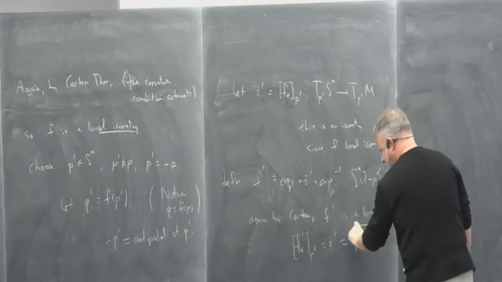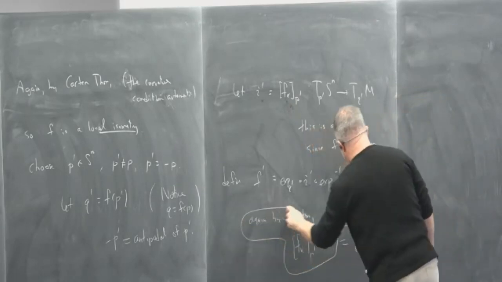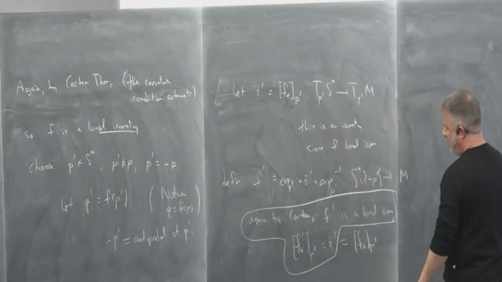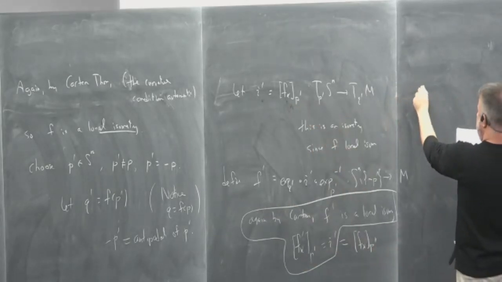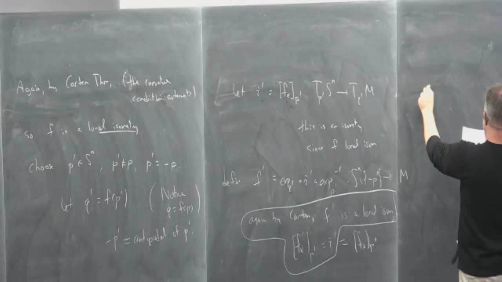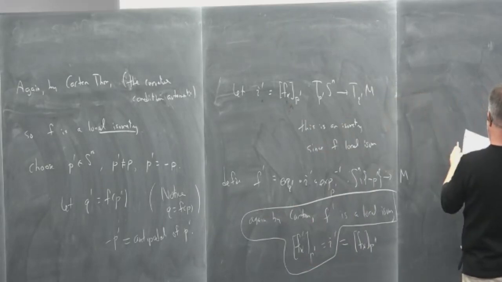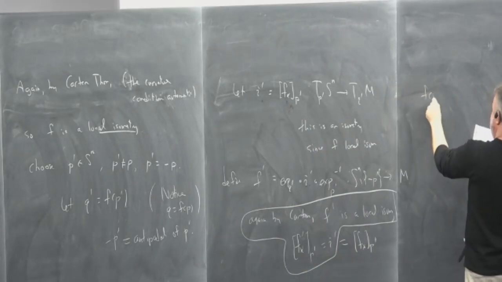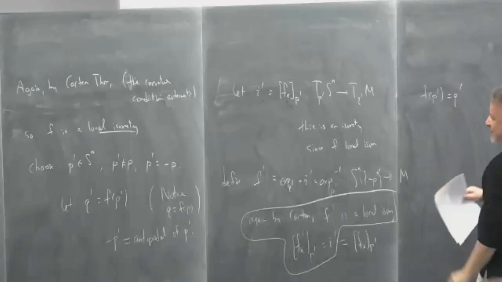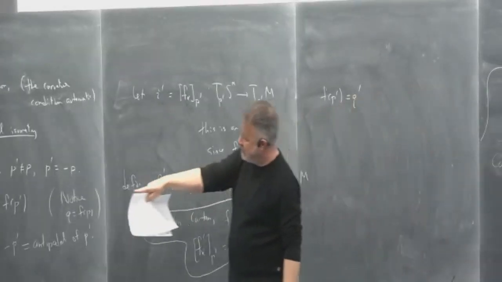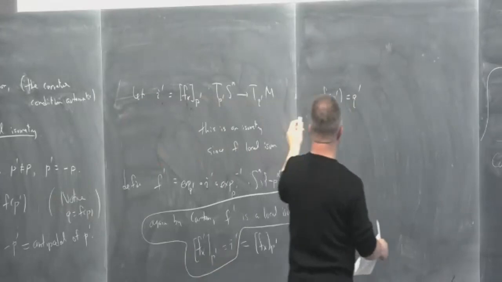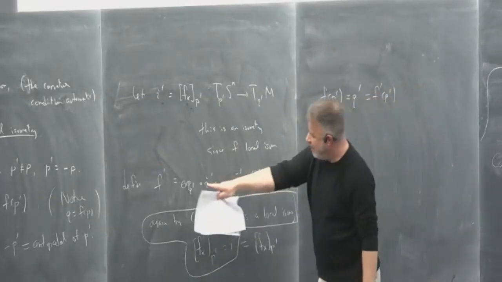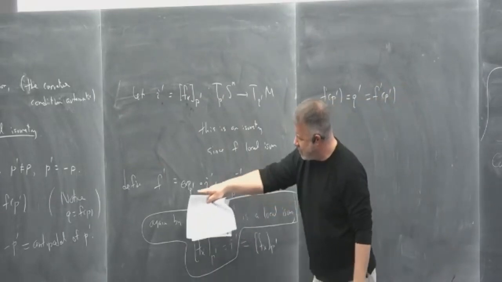We also have F of P prime is Q prime by the definition of Q prime, but it's also equal to F prime of P prime by the definition of F prime. F prime is exactly a map that takes P prime to Q prime.